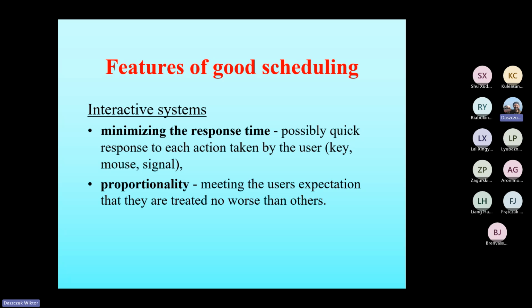And proportionality. It shouldn't be that one user has quick responses and other users wait for minutes. It's proportional. If we add a new user to a system, all old users should face the same slowdown of operation.